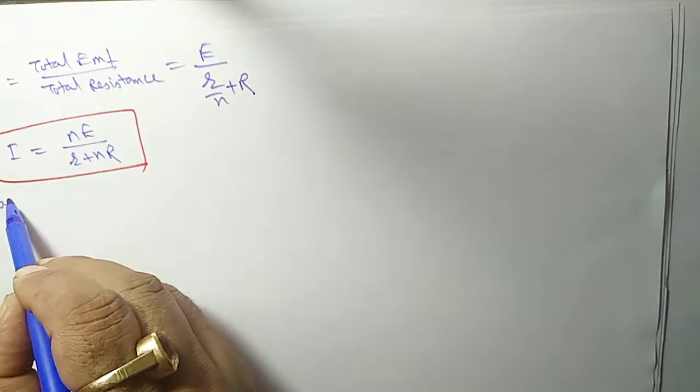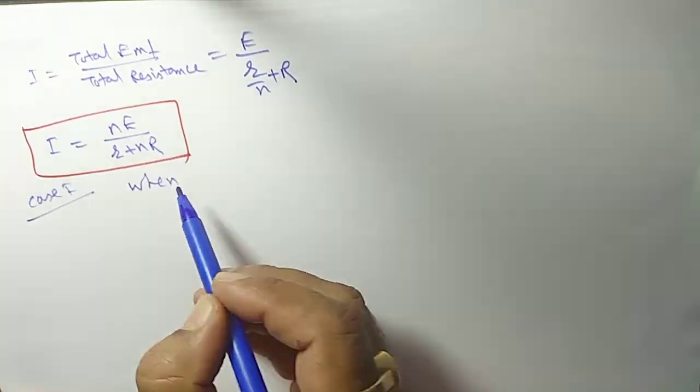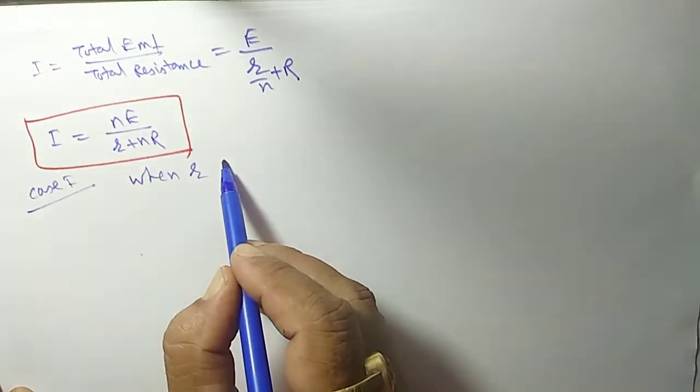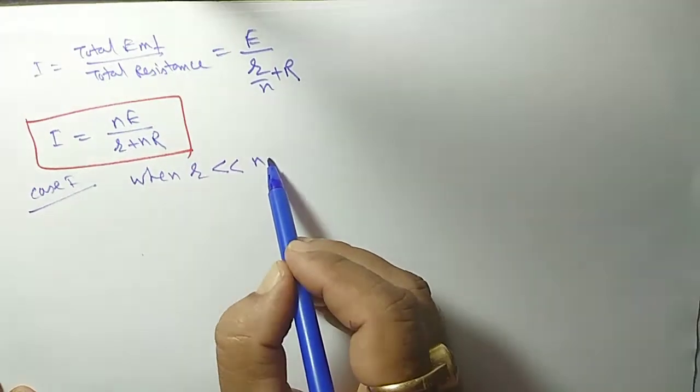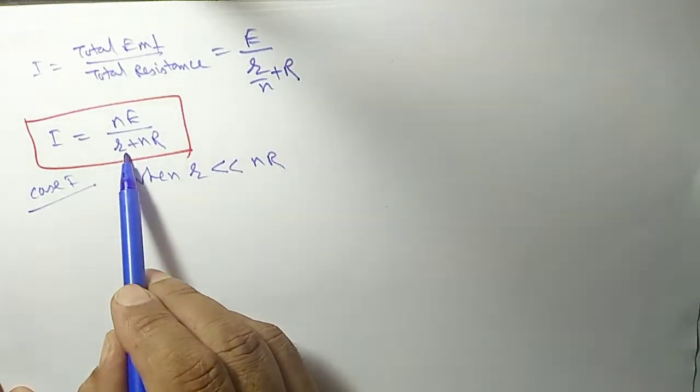Now again you can take the two cases. See the first case, when r is very less than nR. So you can neglect small r.